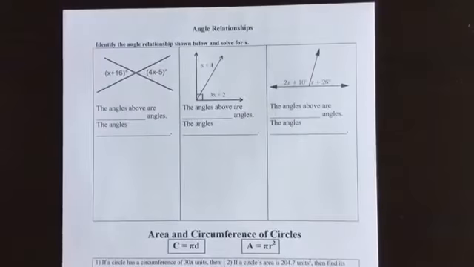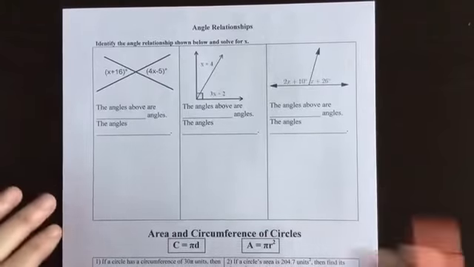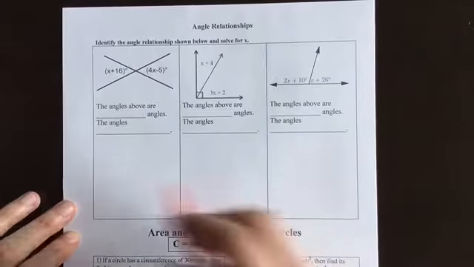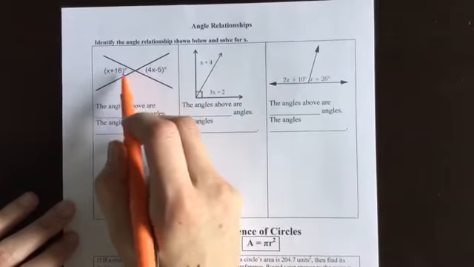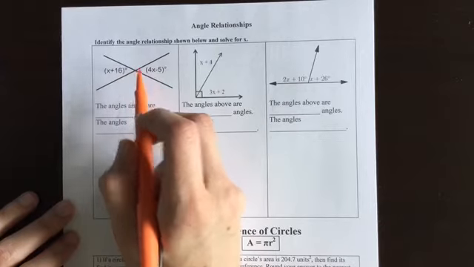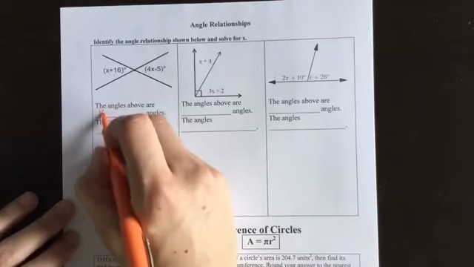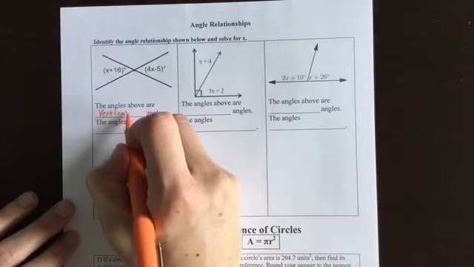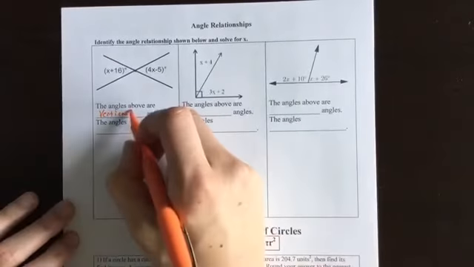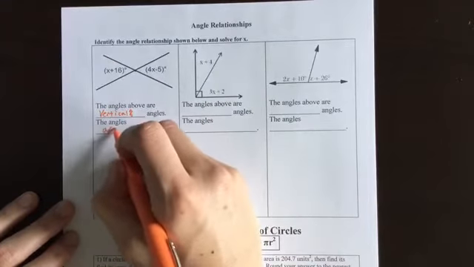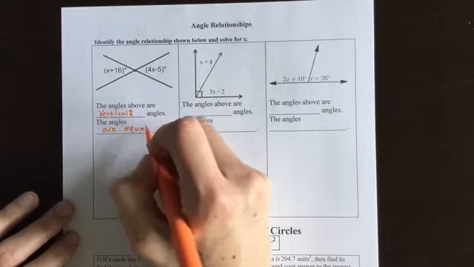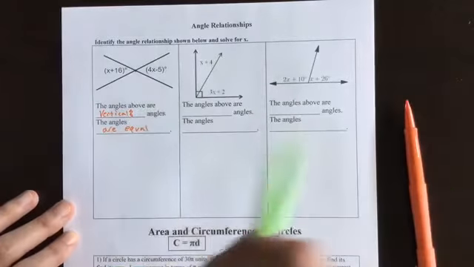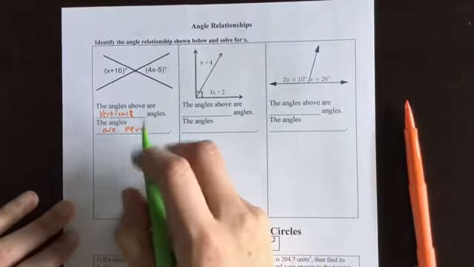We're on page 18 in our booklet. First things we're looking at are our angle relationships. The angles above here, they're on opposite sides of a vertex. They are vertical angles. Okay? And vertical angles are equal or are congruent. And we're going to use that fact to create an equation to solve for x.